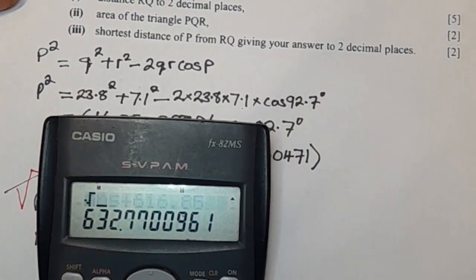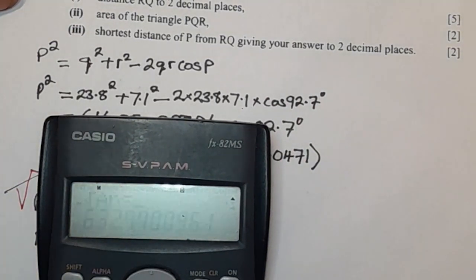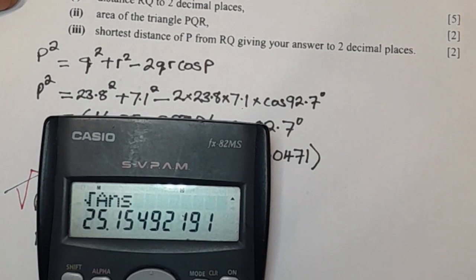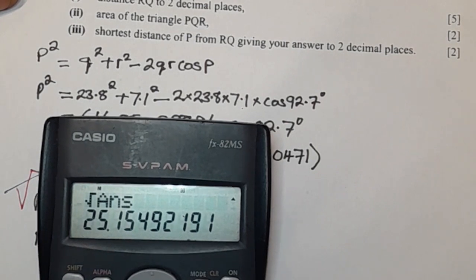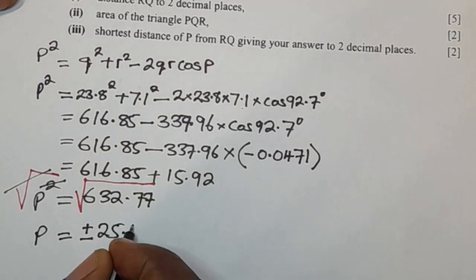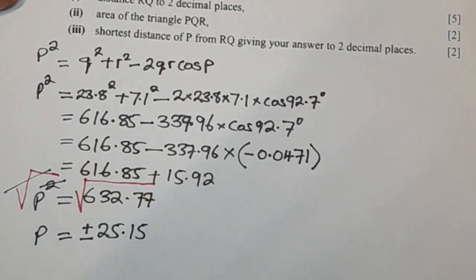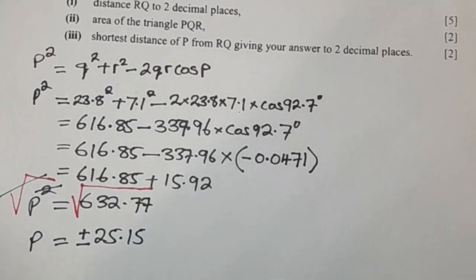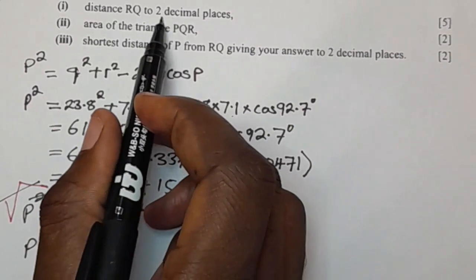So we are going to say square root of answer, which is 25.154, so we have plus or minus 25.15, just to 2 decimal places as we have been instructed in the question.